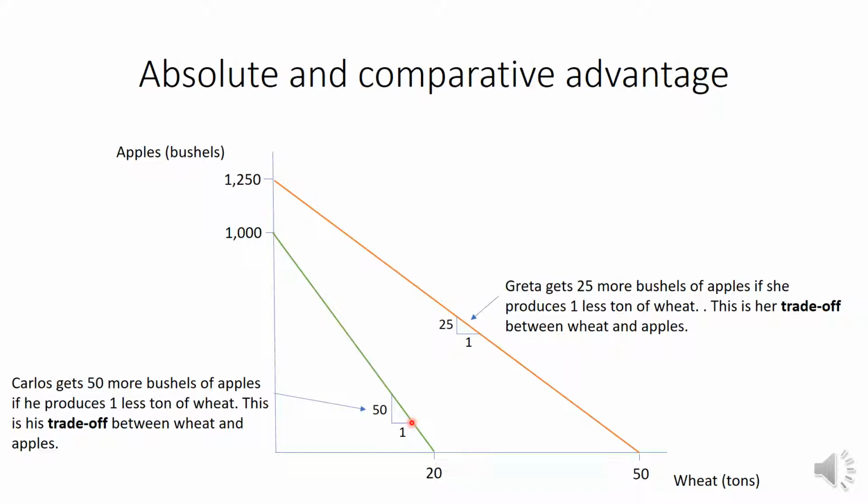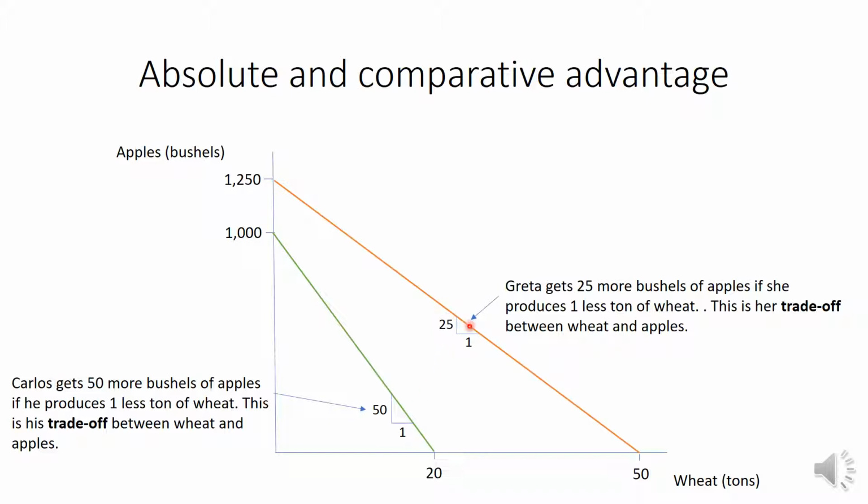What is the logic behind that? Well, he's going to have to use his resources in a different way to get more wheat out of his land. And when you use more of your resources for doing one of the two things you do, then you're going to do the other thing less well.